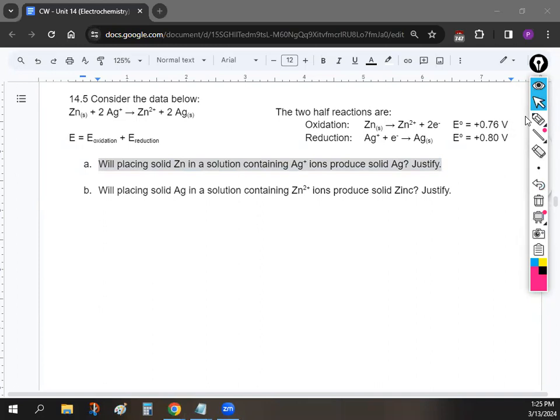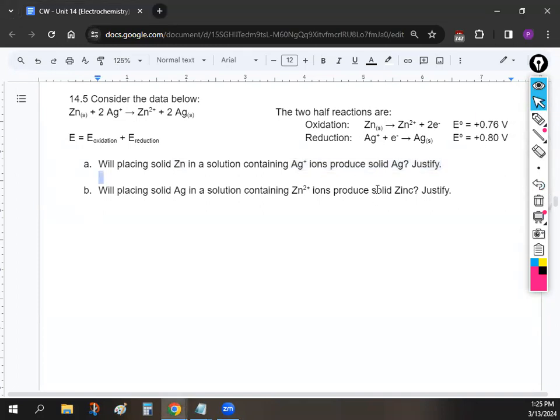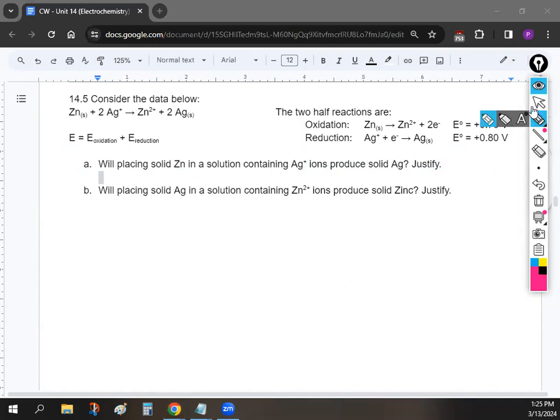Now, we can answer both of these questions at the same time by looking at the half reactions. So let's take a look at the half reactions. If you guys remember, what does the electrical potential want to be? Really positive. Yeah, really positive.